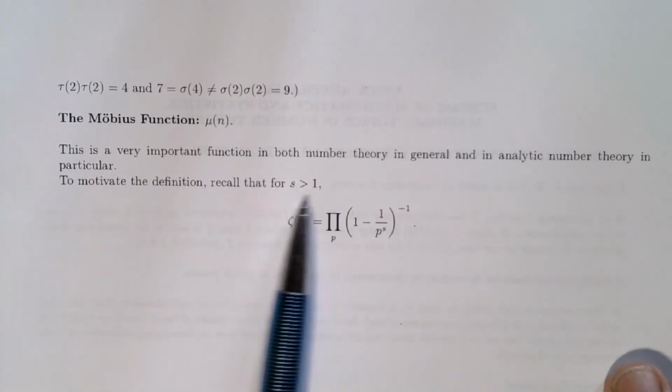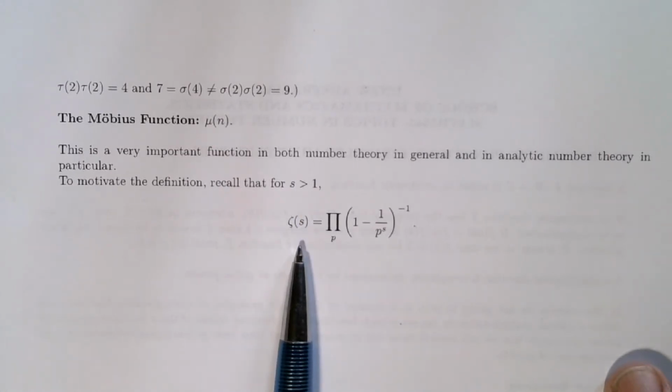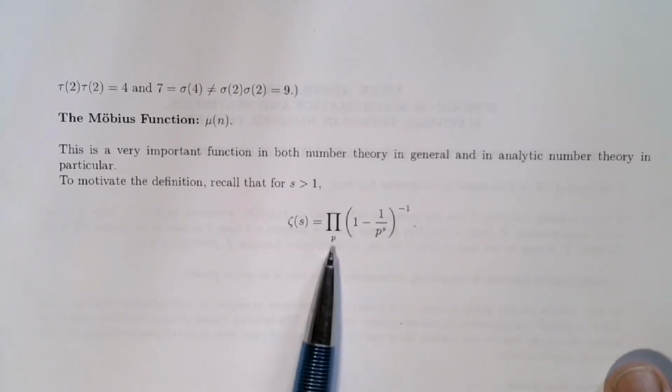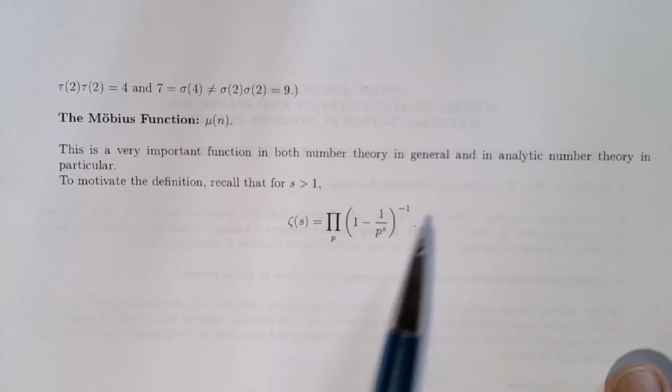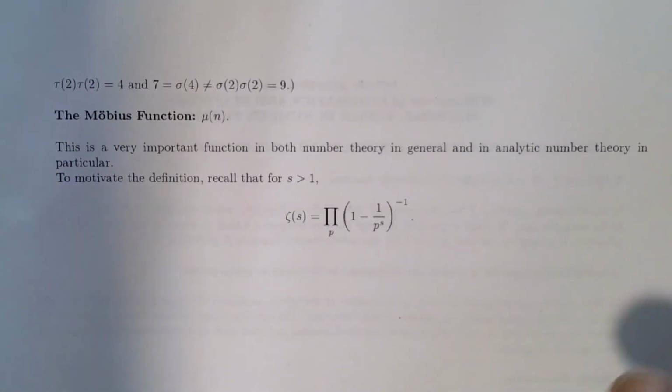Recall that for s bigger than 1, we had this lovely Euler product for zeta of s. This was the Euler product, the product over all the primes p of 1 minus 1 over p to the s, all to the power minus 1, and zeta of s is given by that product. Now what I'm going to do is turn both sides of this expression upside down, and you'll see something interesting will happen.